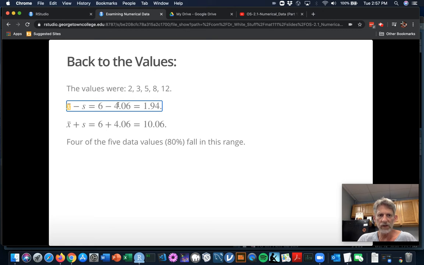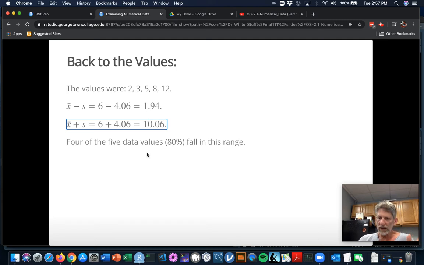So that's 6 minus that 4.06. So that's about 1.94. And then the mean plus the standard deviation. 6 plus 4.06 gives you 10.06. So we've subtracted and added standard deviation to the mean.